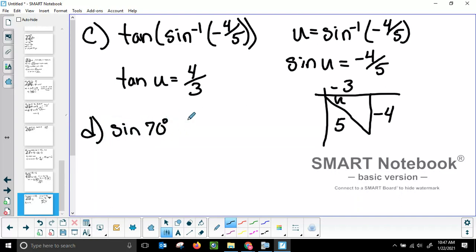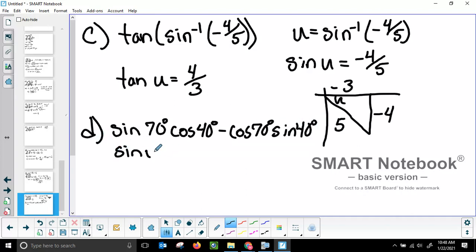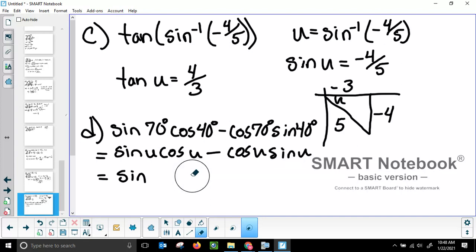D says sine of 70 degrees times the cosine of 40 degrees minus the cosine of 70 degrees times the sine of 40 degrees. Well, this is essentially our sine u, cosine v, minus cosine u, sine v, I'm sorry, this is u and v, of course.